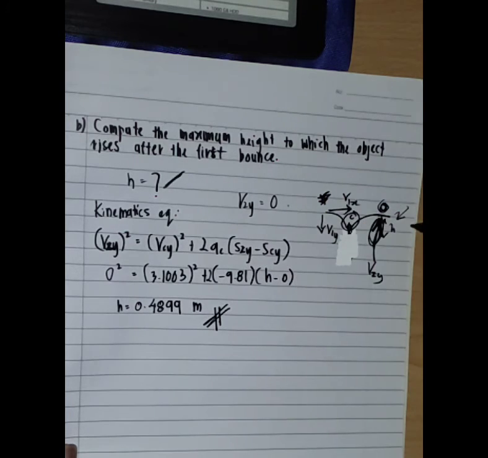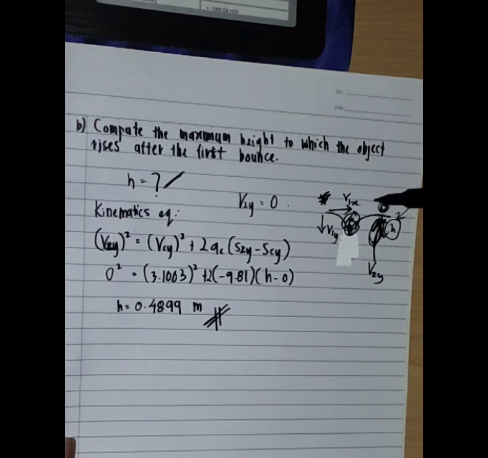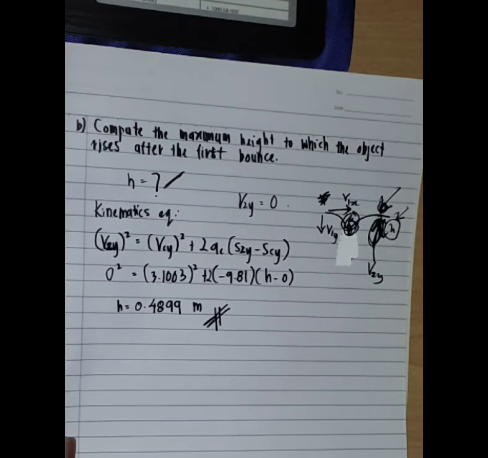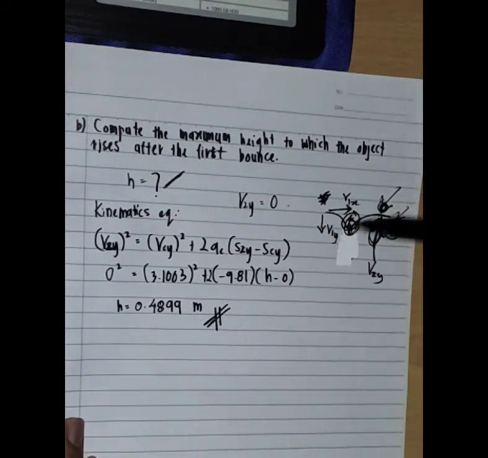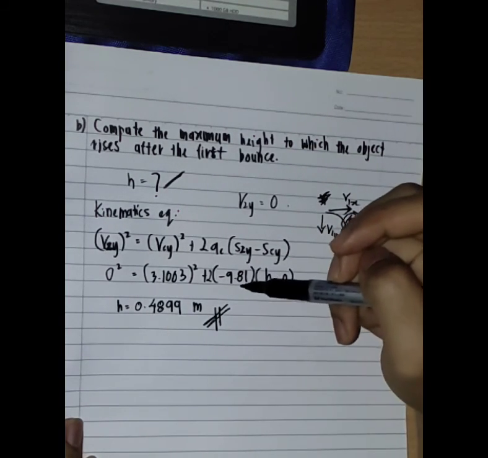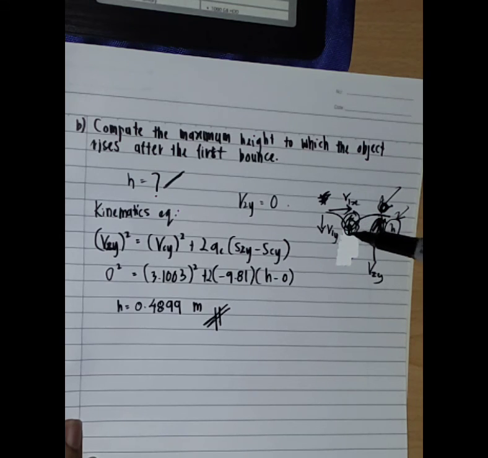V2y is 0 because it's at maximum height. VCy we use from question 2a, and the acceleration is negative 9.81, with h minus 0 because it starts from the C position. After that, we get the height of 0.4899 meters. Thank you.